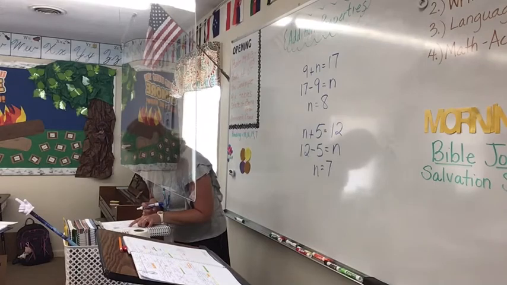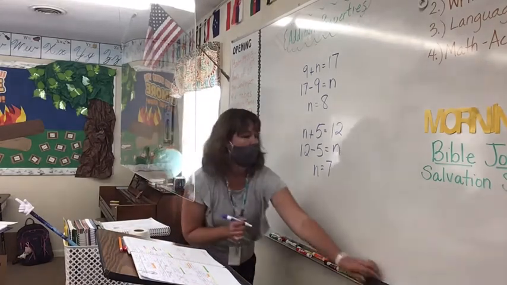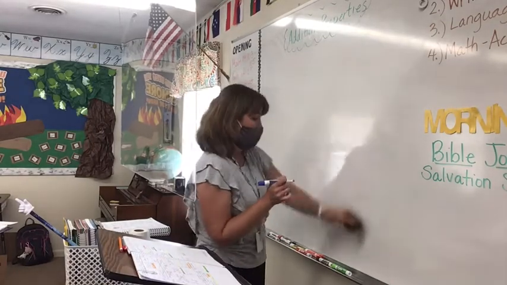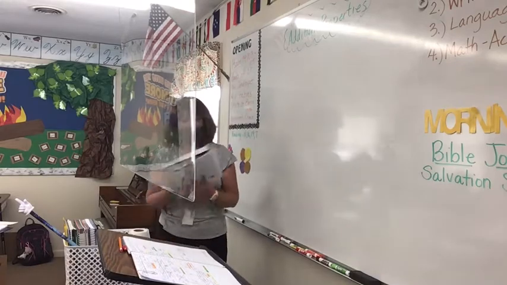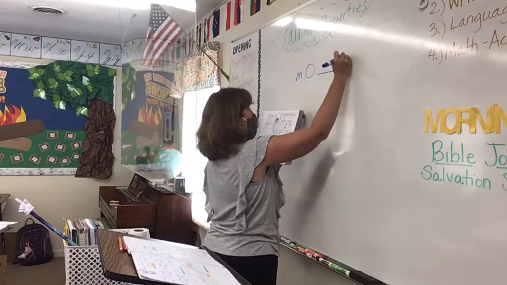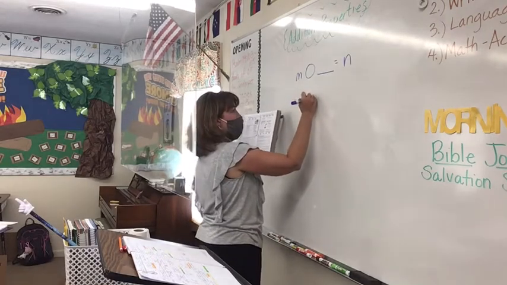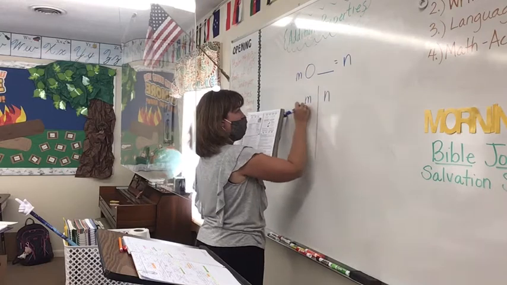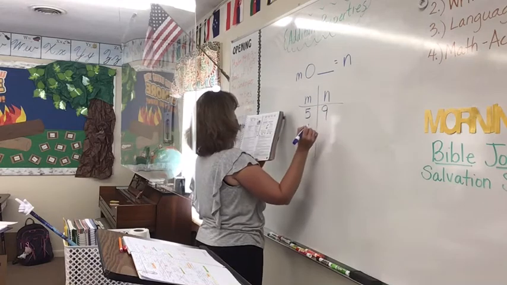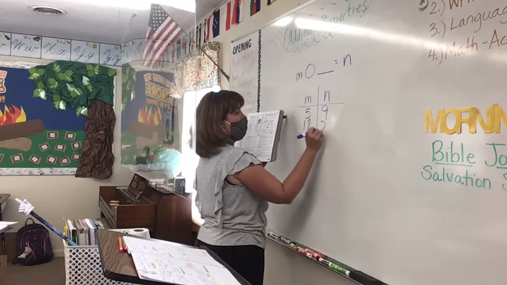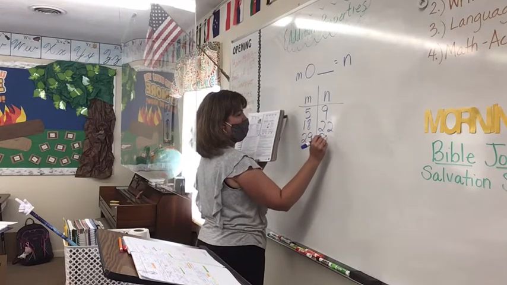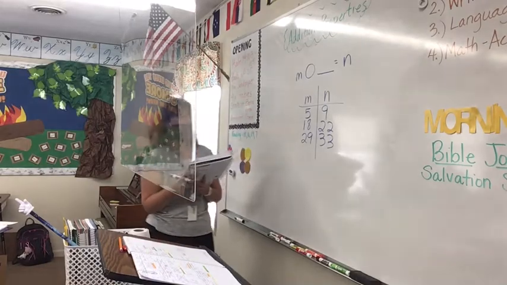So, the rule is M, and we have to figure out if they added or subtracted, and then what number they added or subtracted. 18, 22, 29, 33. Does anyone see a pattern?